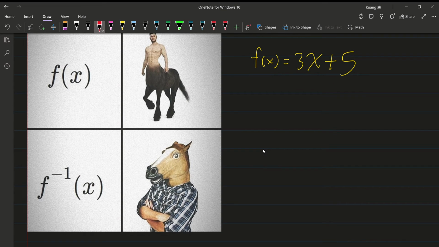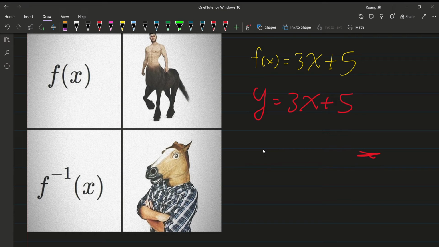First of all, you write f of x. You switch f of x into y, so replace f of x with y. Y equal 3x plus 5. Our purpose is to rewrite this equation into x equal something with y, plus or minus something. Make x the subject.